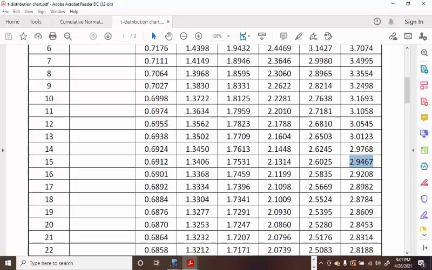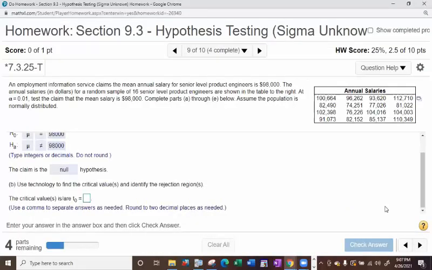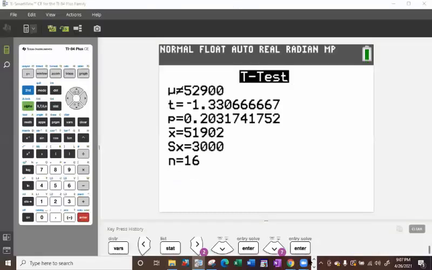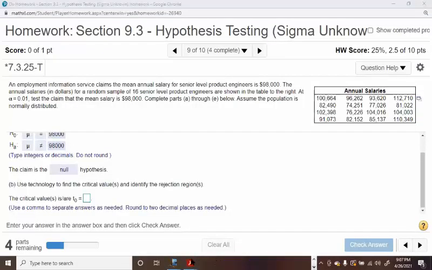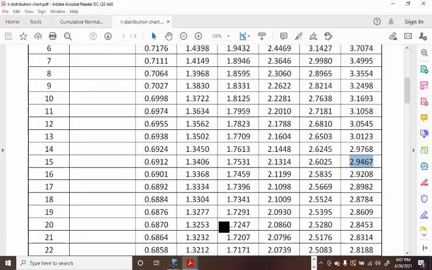Hope it's only one. Well, let me double check. So negative 2.95, positive 2.95.